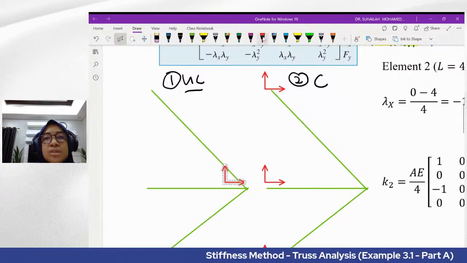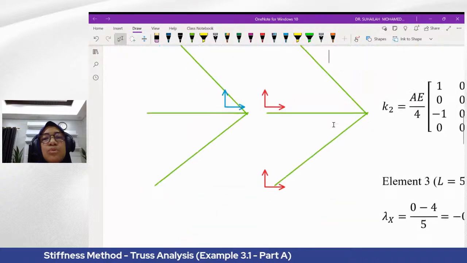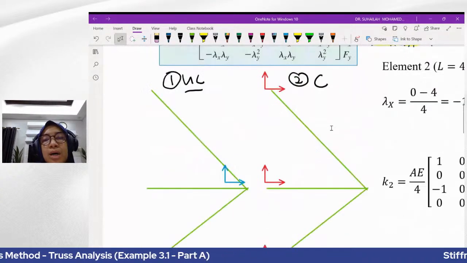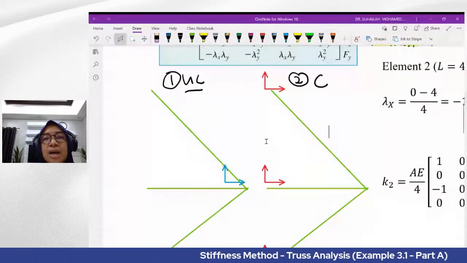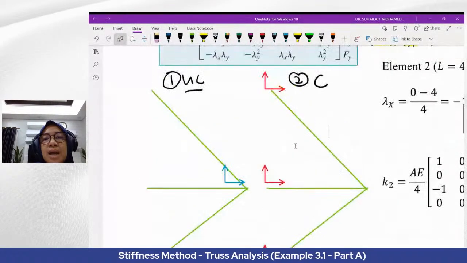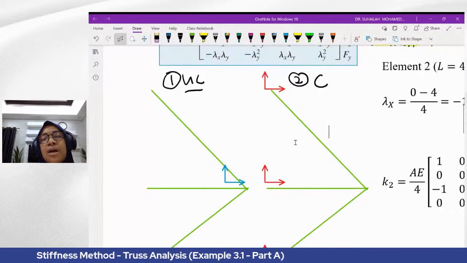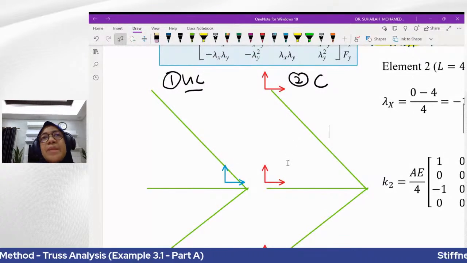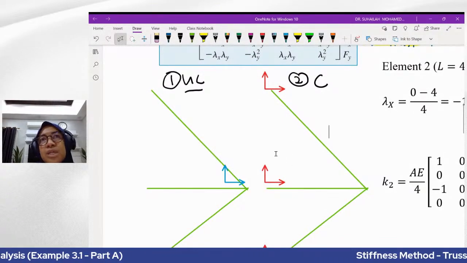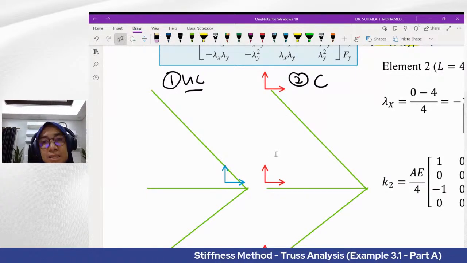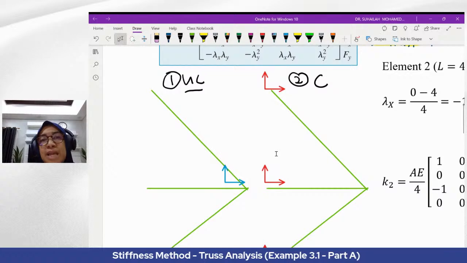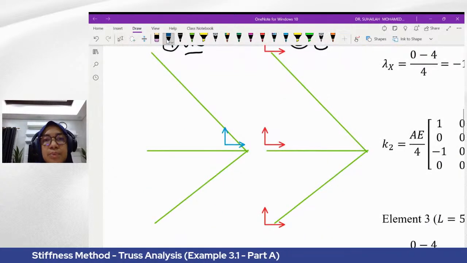Okay, for unconstrained, I want to change the color. The blue is for the degrees of freedom in the unconstrained system, and the red label is for the constrained system, 6, representing the reactions at the support.